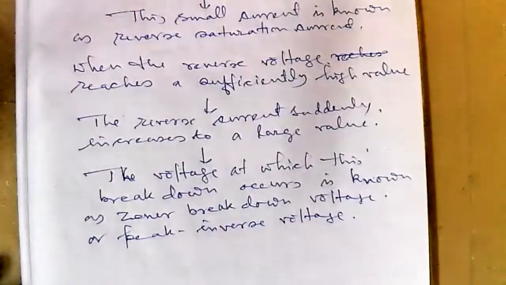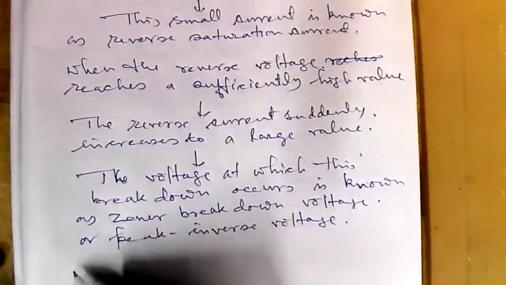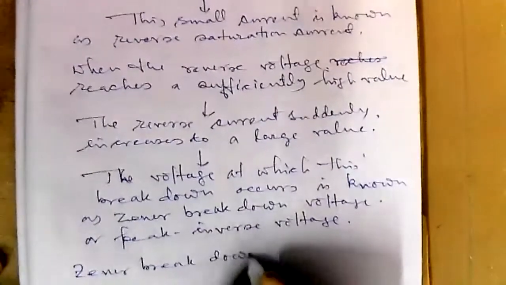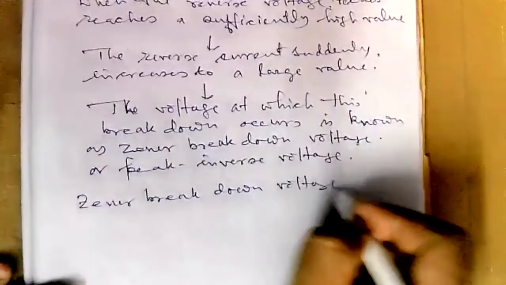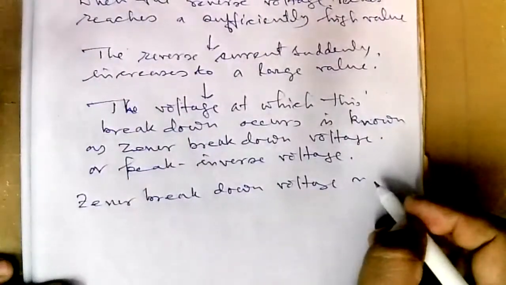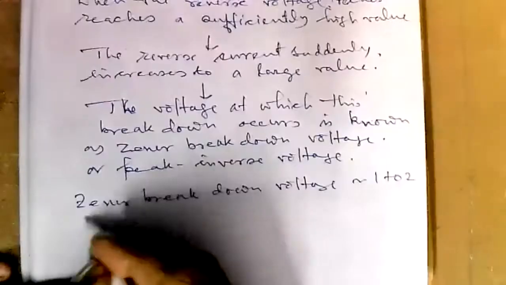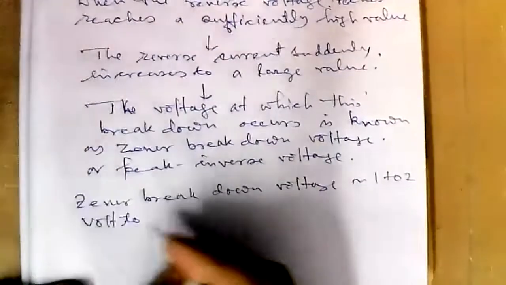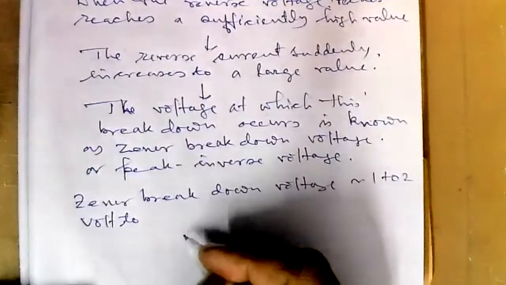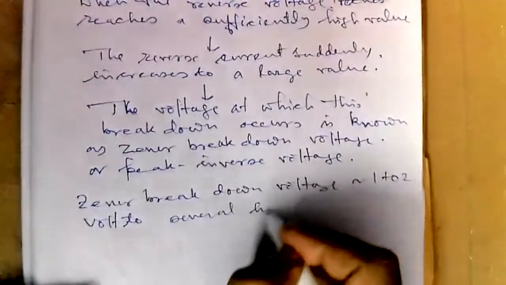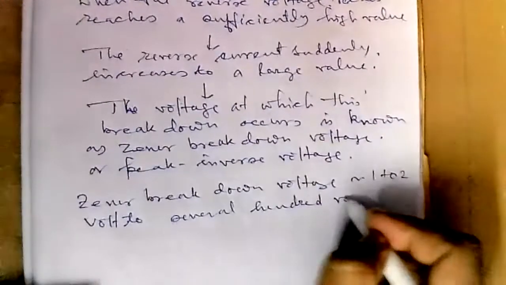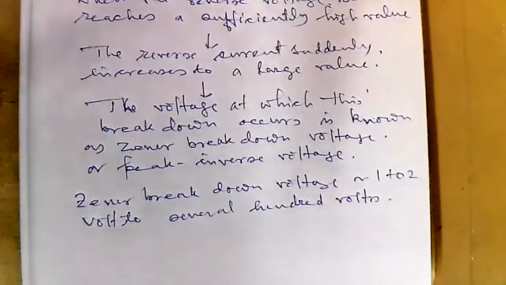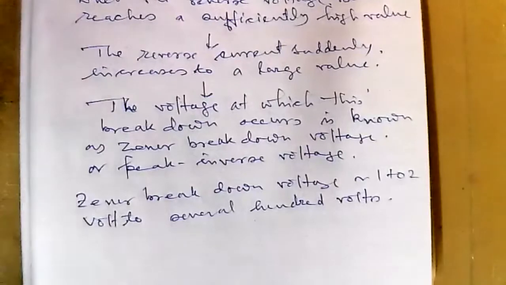This general breakdown voltage ranges from 1 to 2 volts to several hundred volts. So this range is quite high, and it depends on the dopant density and the depletion region.